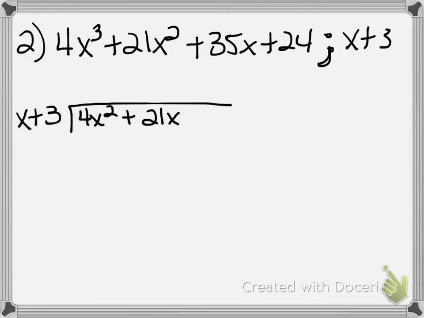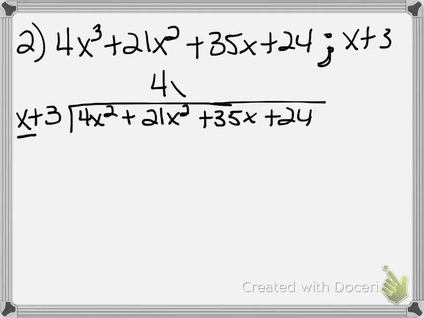Let's get it all set up here. So now I ask myself, what times x gets me 4x squared? Well, that would be 4x. So 4x times x is 4x squared. 4x times 3 is a positive 12x.